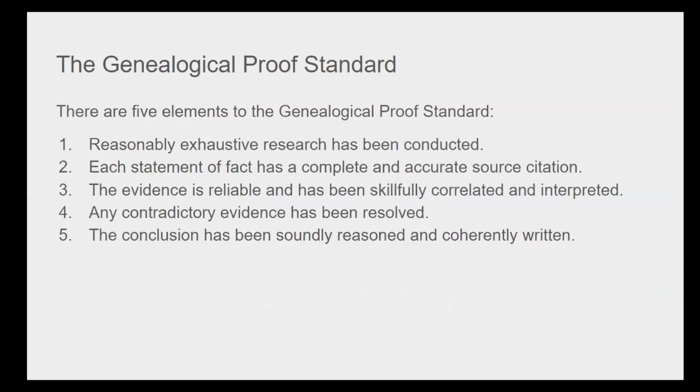The genealogical proof standard is a set of guidelines that are used to establish accurate genealogical conclusions, and it was developed by the Board for Certification of Genealogists to provide a consistent framework for evaluating evidence, conducting research, and drawing conclusions about family relationships.